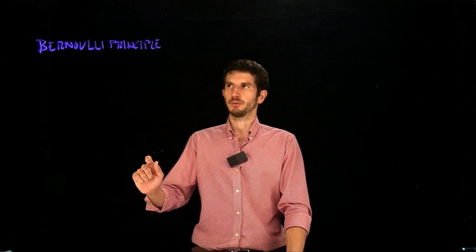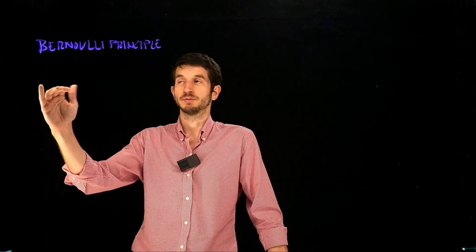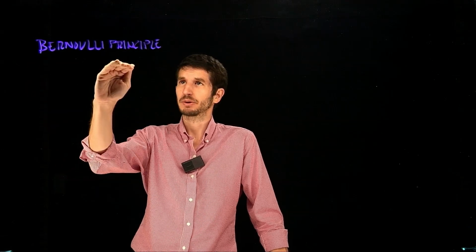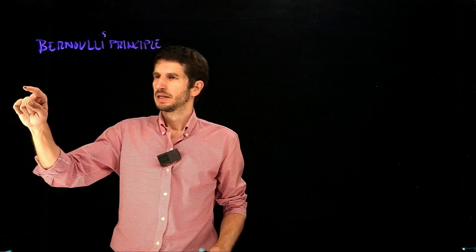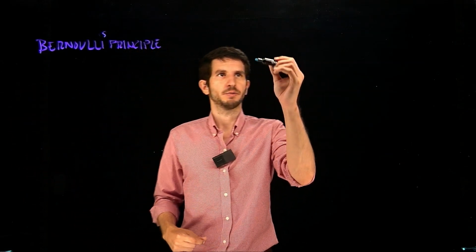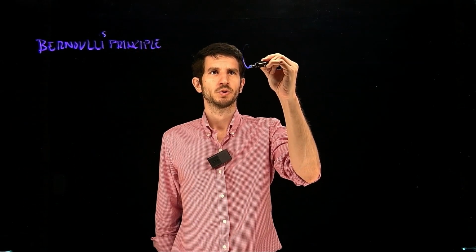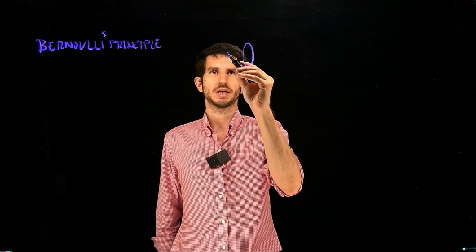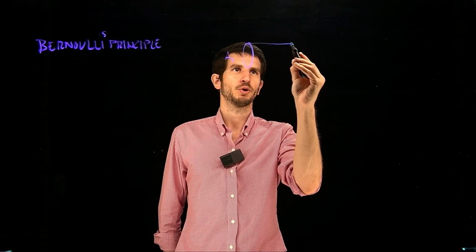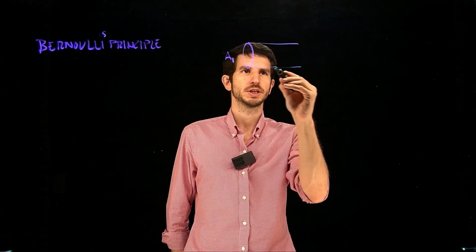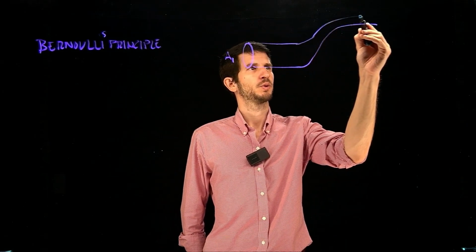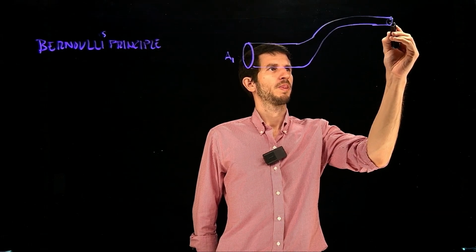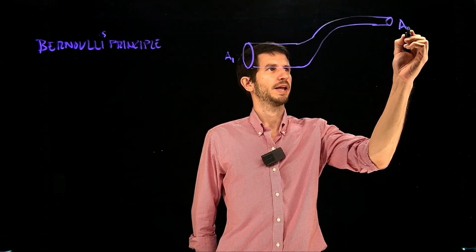The second part we want to see in hydrodynamics, which is fluids in motion, is Bernoulli's principle. And the idea here is, let's say that we have a pipe with a certain cross section, let's say A1, and it just carries some liquid, and then we see that the pipe goes up, and we have an area A2.